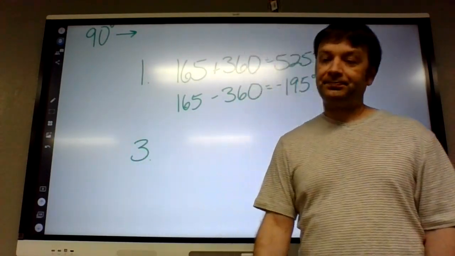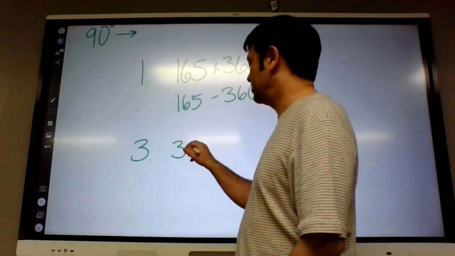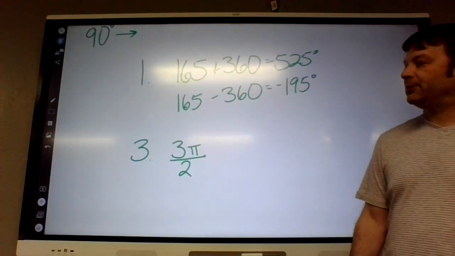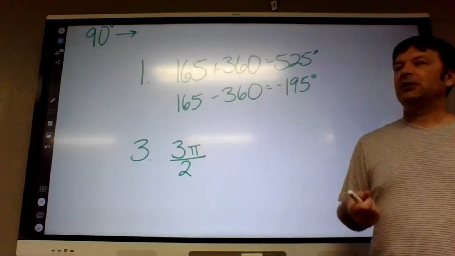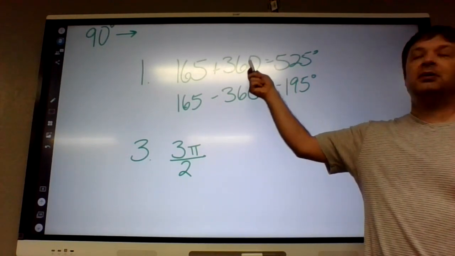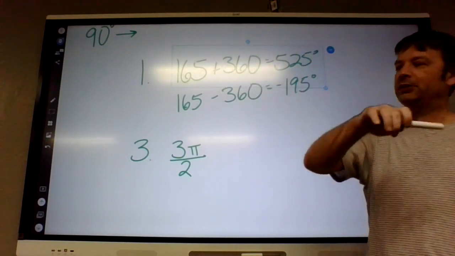Number 3. Okay, this one's in radians, so we're going to keep it in radians, but how would I find a coterminal angle with radians? Plus 2 pi, right? 360 is 2 pi.